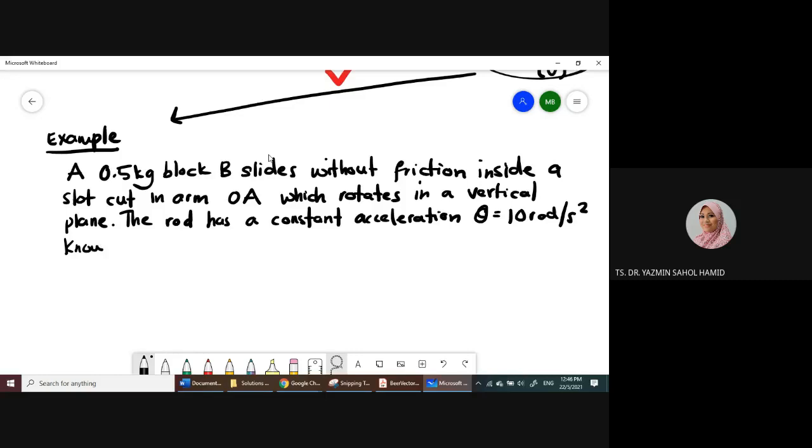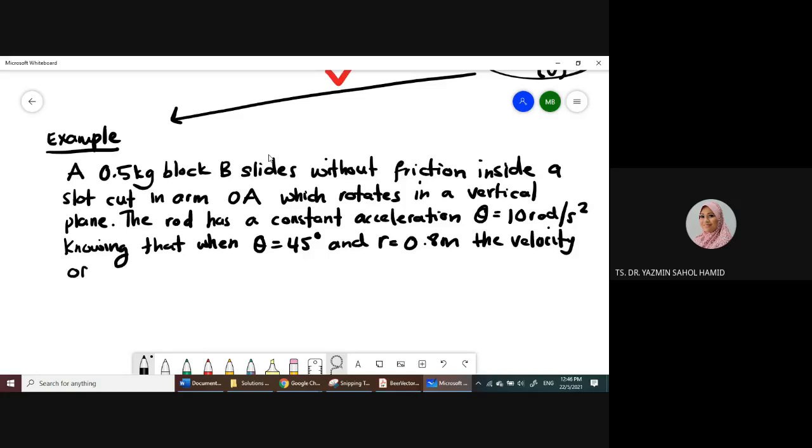Knowing that when theta equals 45 degrees and r equals 0.8 meters, the velocity of the block by the arm, sorry, the velocity of the block is 0.